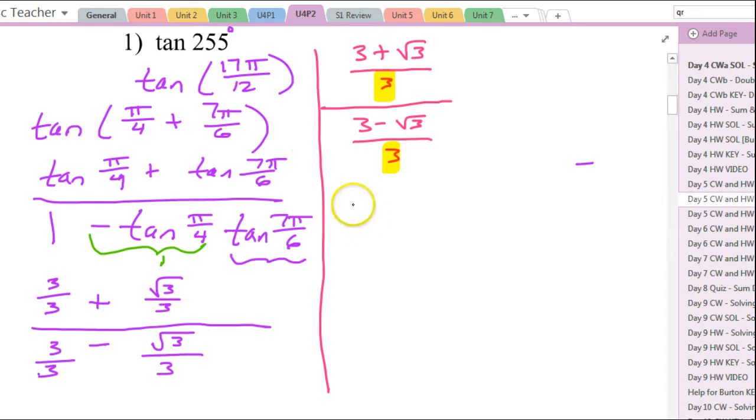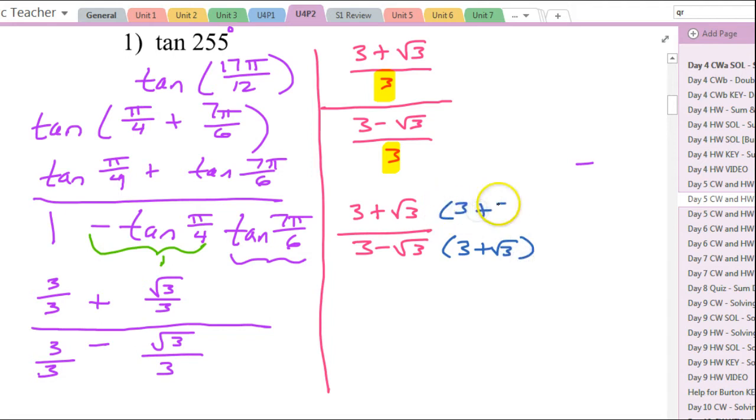So that's going to give me 3 plus radical 3 over 3 minus radical 3. So for this objective, we have to rationalize the denominator. We have no choice. So we definitely need to multiply by what's called the conjugate. So looking at the denominator, the conjugate would be 3 plus radical 3. So we need to multiply that in the numerator and the denominator.